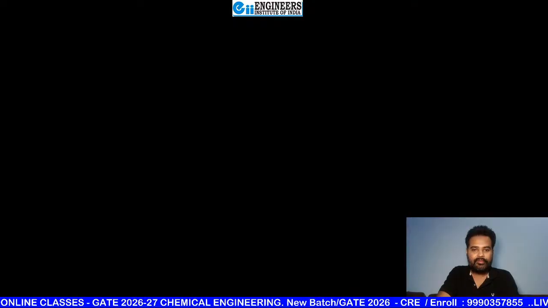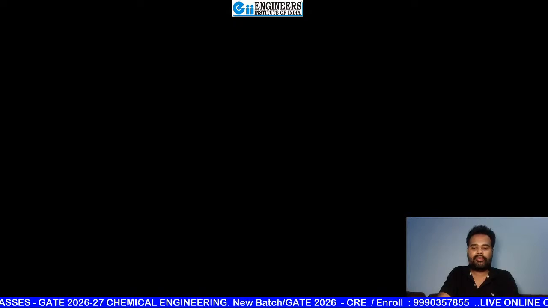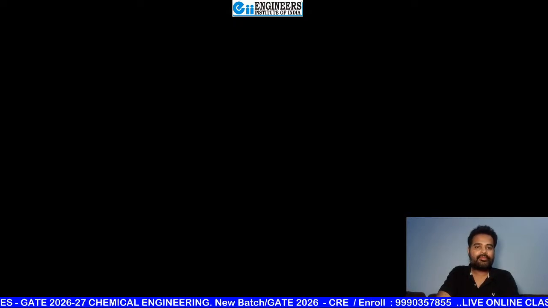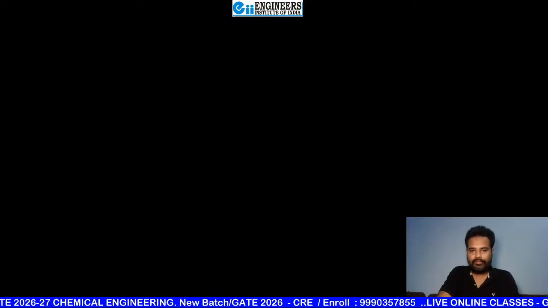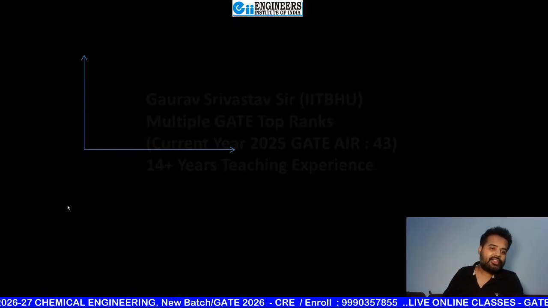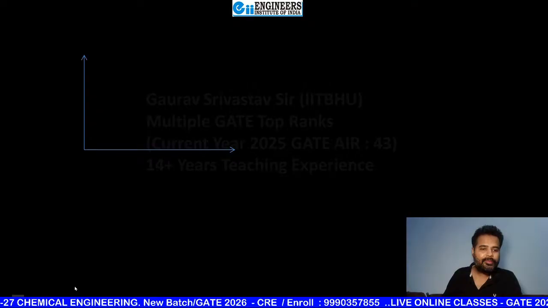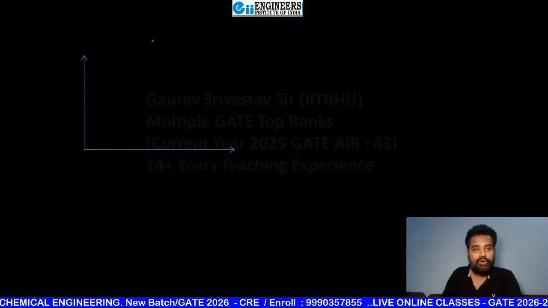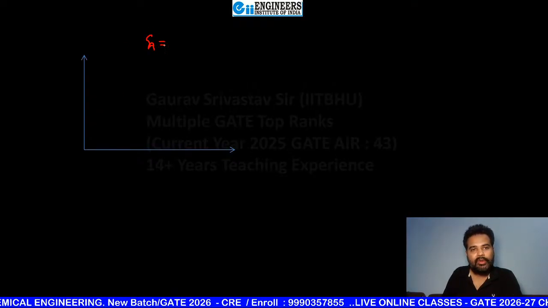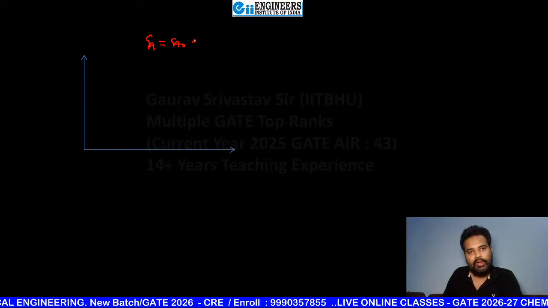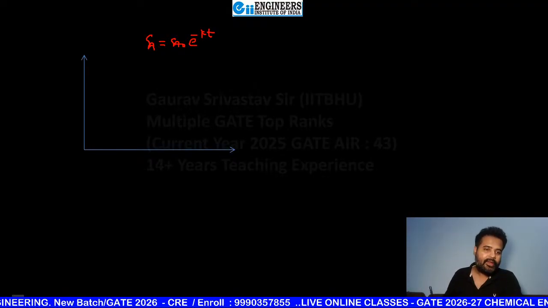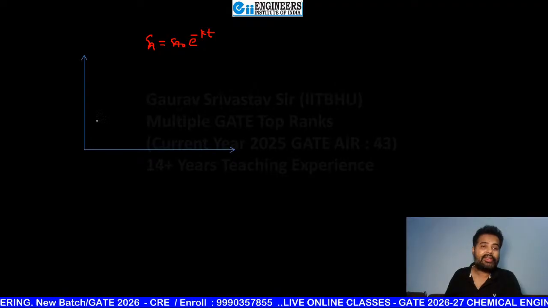See, wait. Let me show you again. See that diagram one more time, my dear students. The graph that you are going to plot for CA becomes CA equals CA naught e raised to power minus kt, and this is exponential decay.